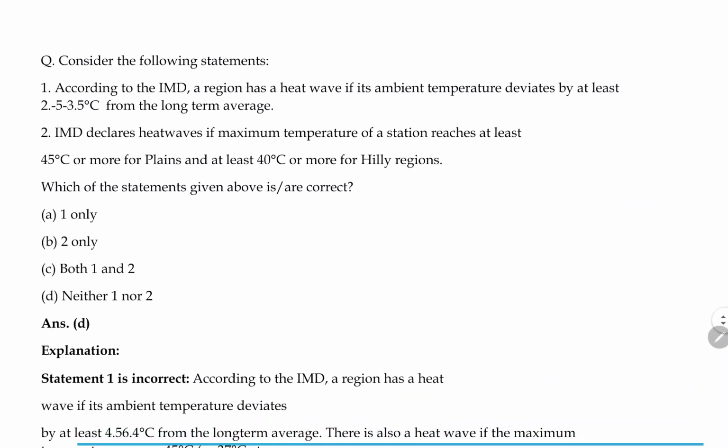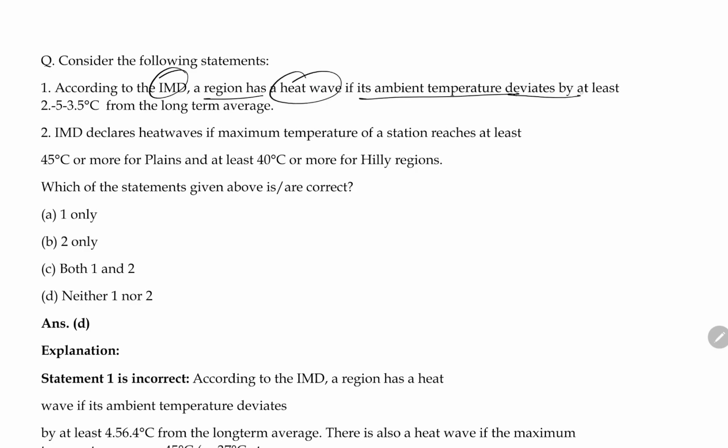Now moving forward, according to the IMD, that is the Indian Meteorological Department, a region has a heat wave if the ambient temperature deviates by at least 2.5 to 3.5 from the long term.